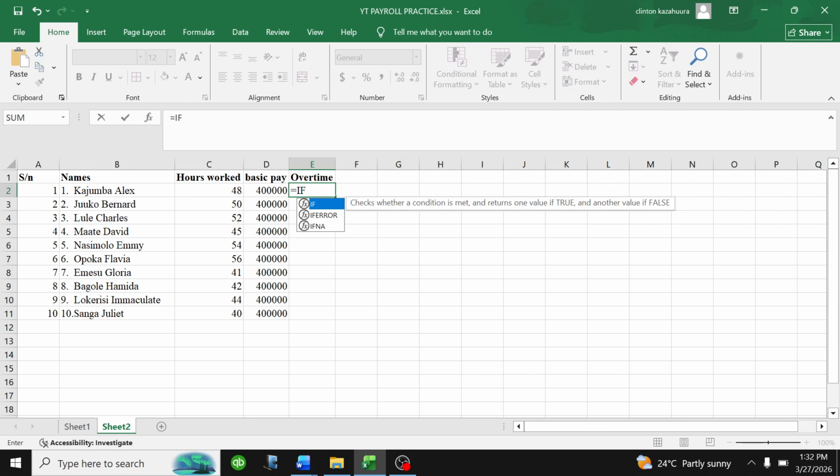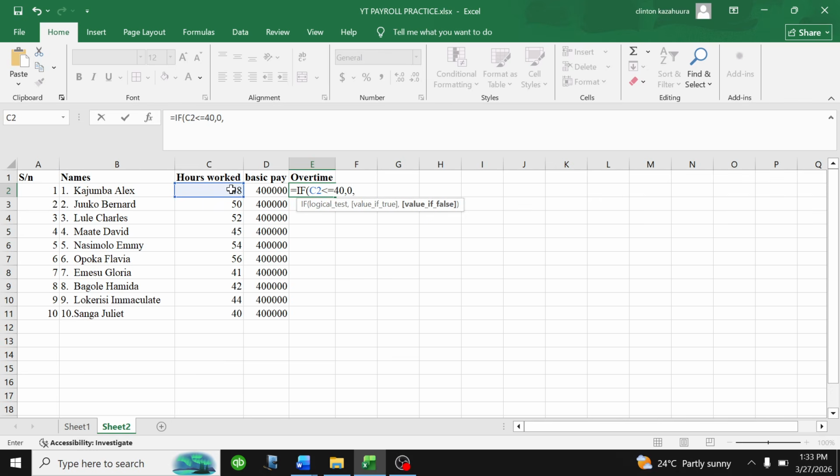I'll say IF, I open bracket, if the basic working hours are less than or equal to 40, because those automatically don't have overtime. Overtime starts with 41, 42, 43 going up. So those ones automatically we shall reward with 0. Then I put a comma.